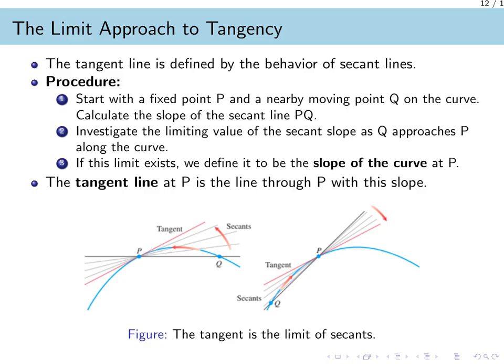If this limit exists, we formally define it to be the slope of the curve at point P. Therefore, the tangent line is the unique line passing through point P that has this exact slope. In short, the tangent line's slope is the limit of the secant line's slopes.